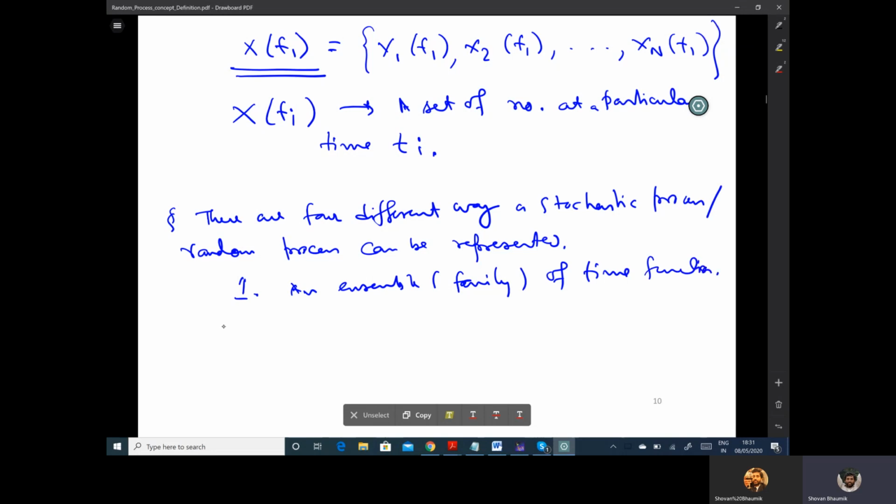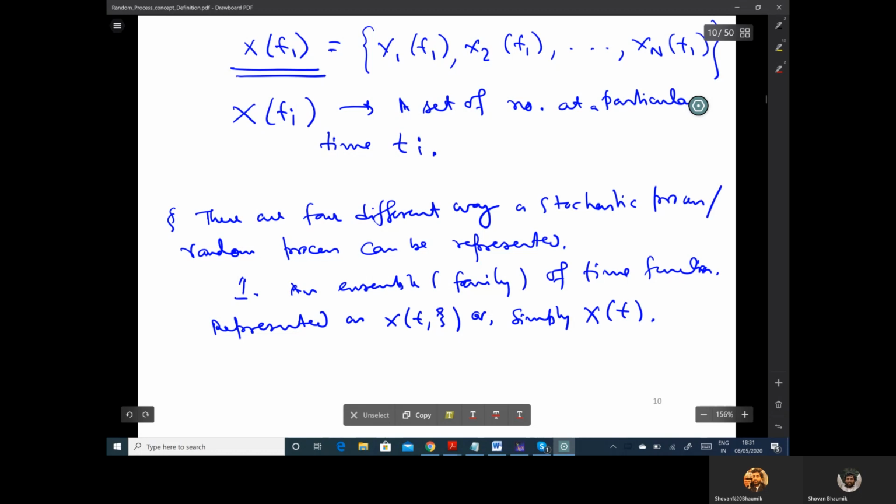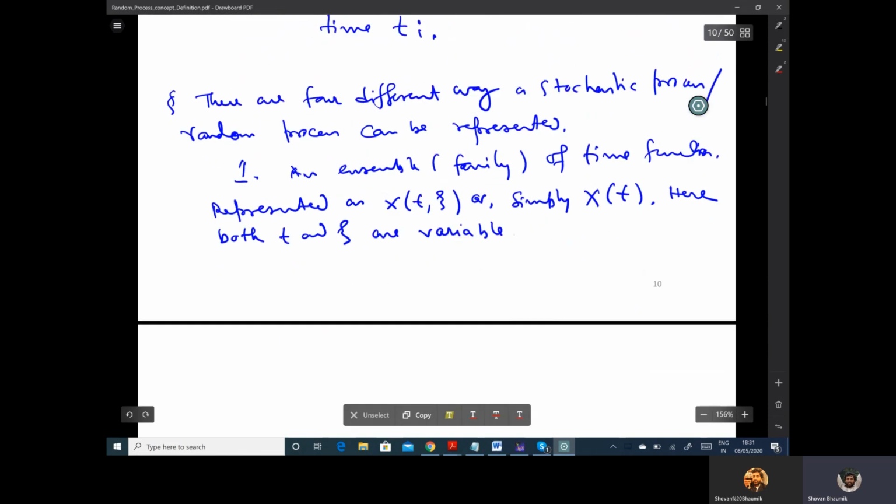It is represented as x(t, zeta), or simply x(t). You have to see here that both t and zeta are variables.